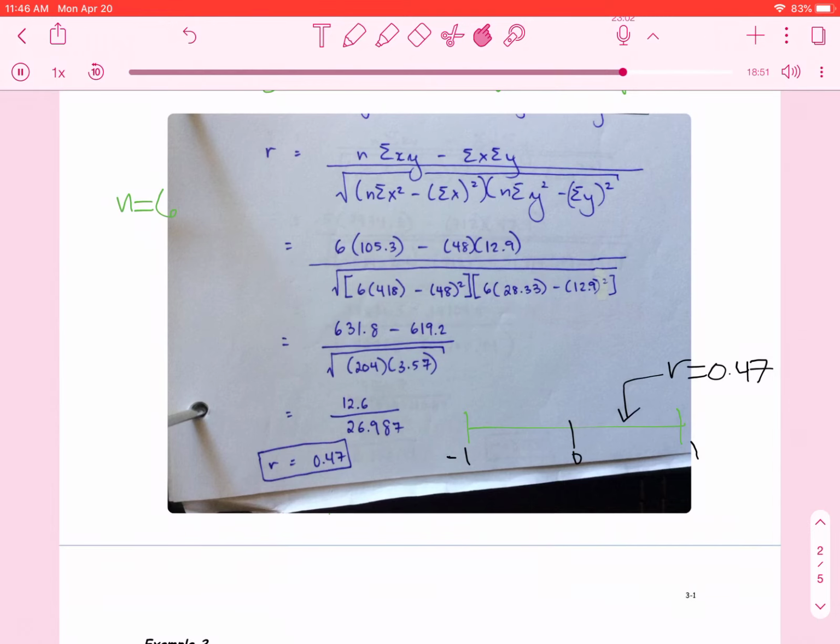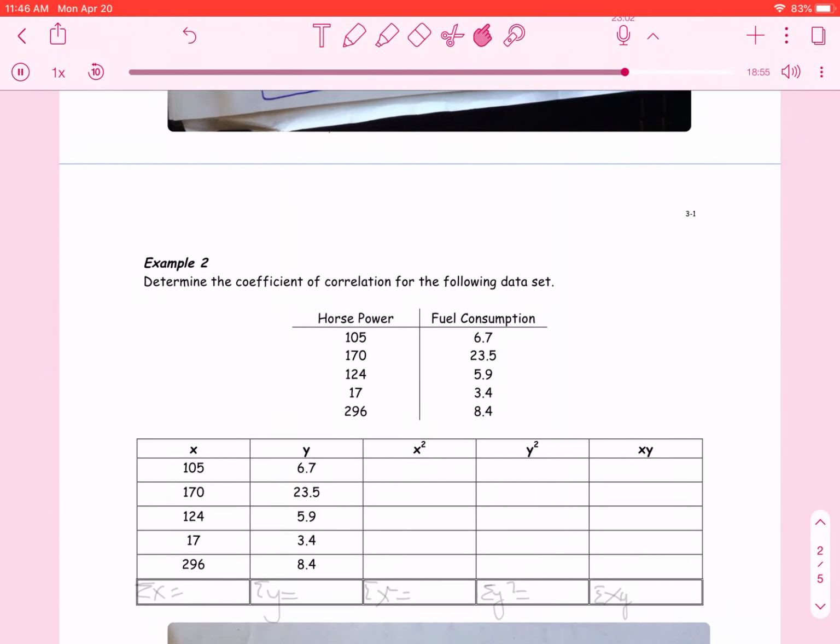All right, so for example 2, I'll let you guys try out that portion on your own. It's pretty much the exact same steps, just with different data points. Again, it's already been imported into the appropriate columns for your x and y values. So once again, you will square your x's, you will square your y's, you will find the sum of x times y.